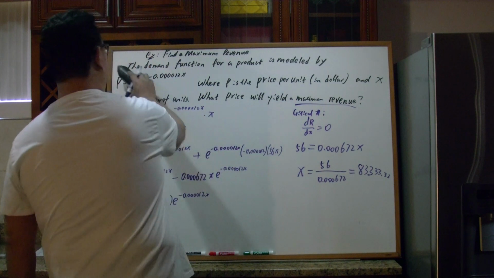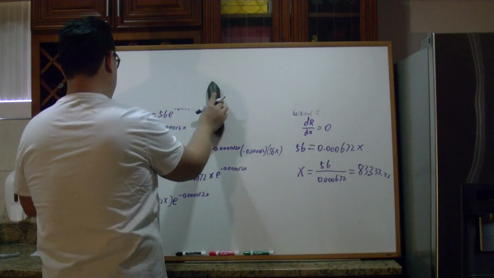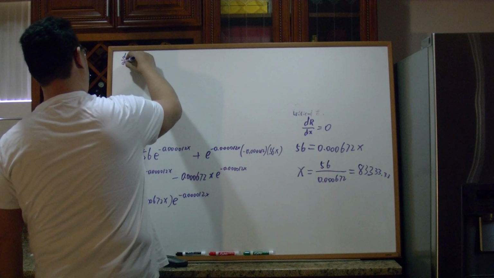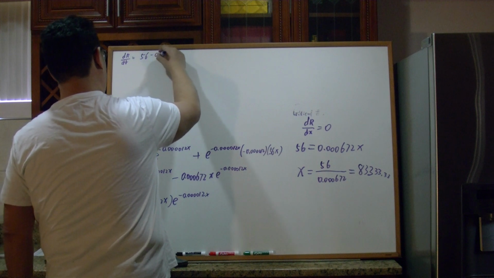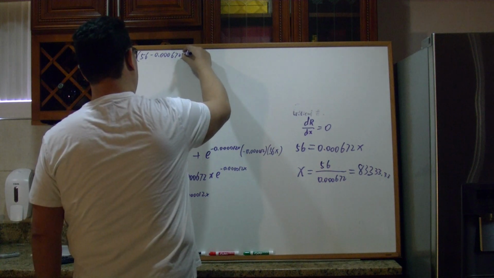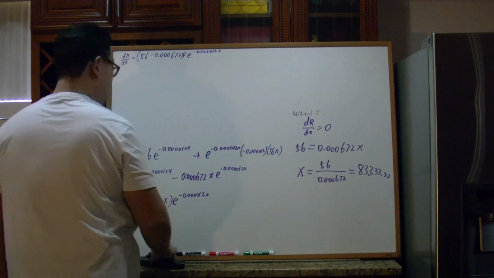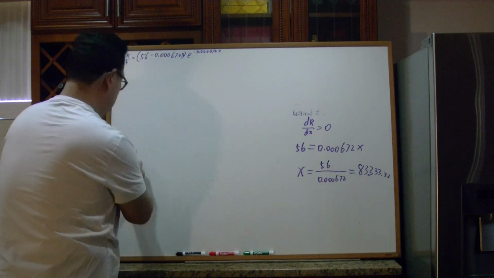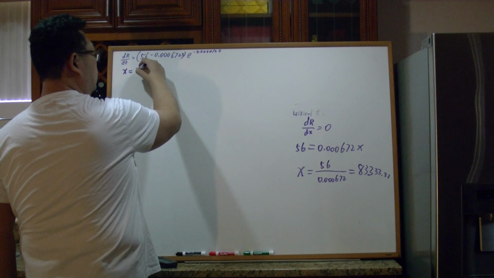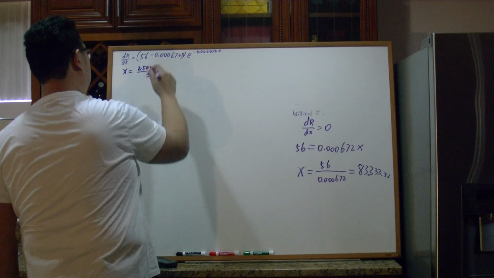So maybe I can erase that part. The critical number is at x equals 25,000 over 3.